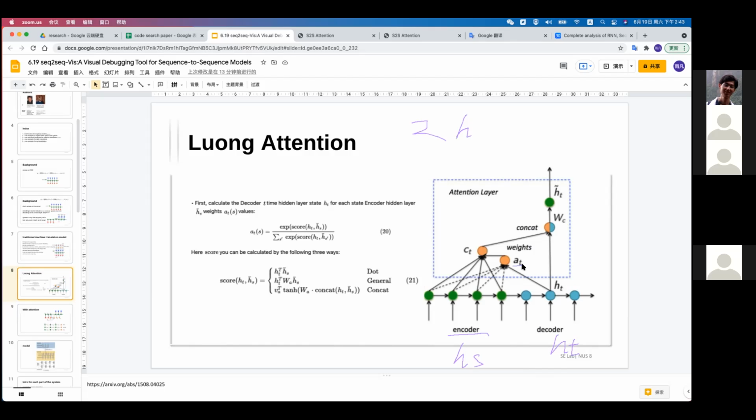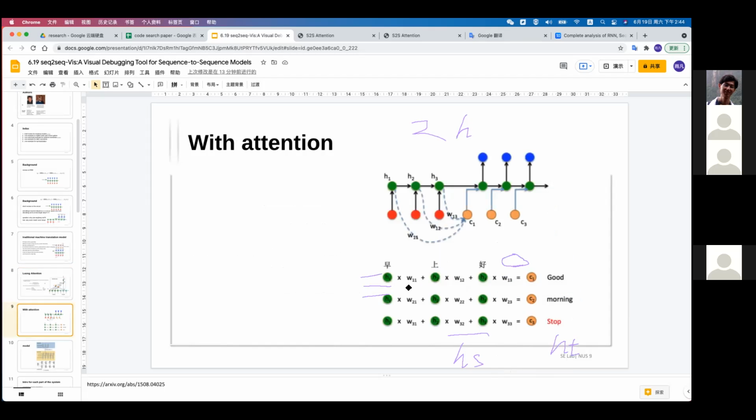So with the two hidden states, how do we calculate the attention score? Typically, as I mentioned before, we use the dot product to get the relativeness between HS and HT. Sometimes we may use a better form to get the score. Then AT is actually a weight. Following this picture, you multiply the weight with HS, and finally get the context.